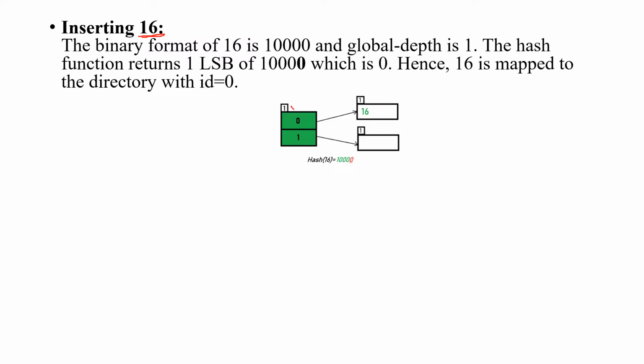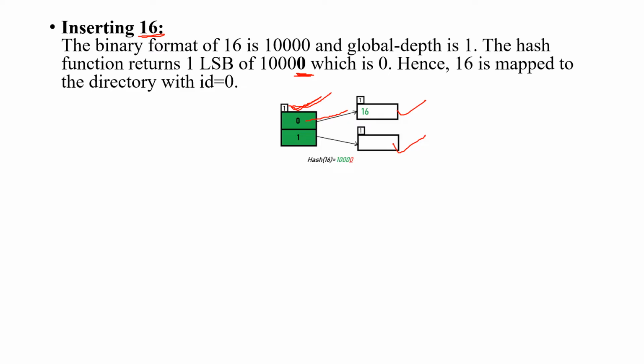The global depth is 1, so we take 1 LSB bit. If it is 0, it is stored in the 0th directory bucket. If the LSB bit is 1, it is stored in the other bucket.